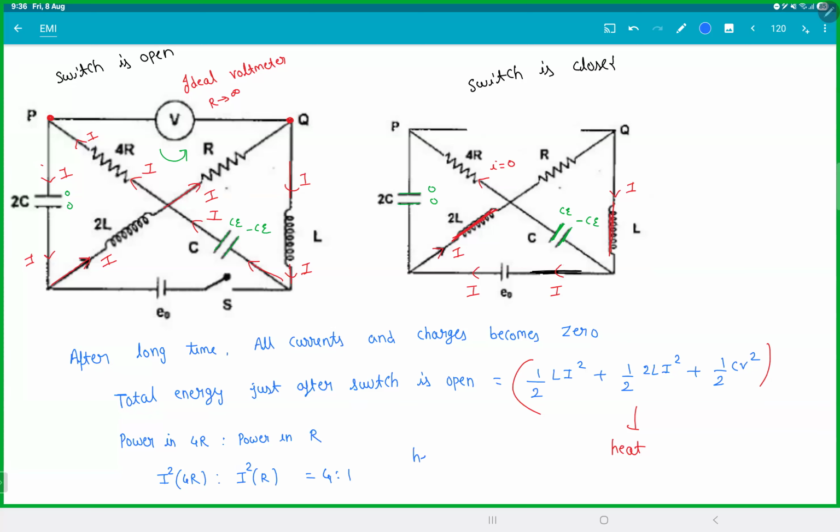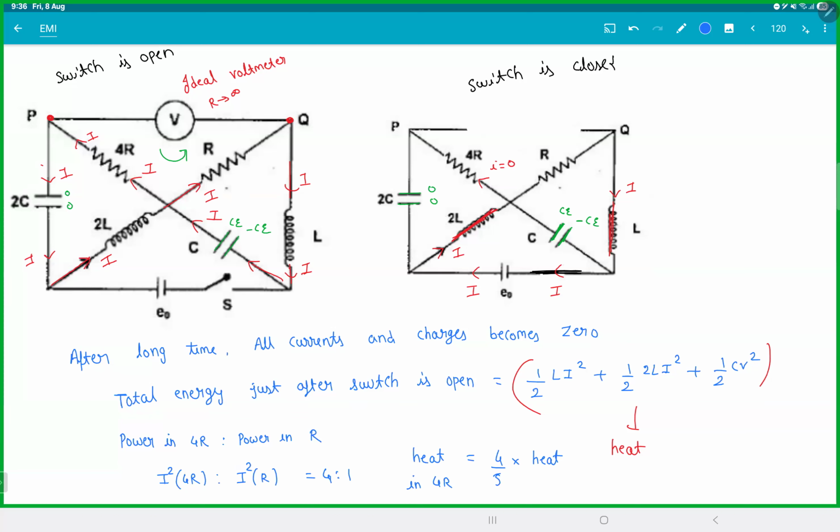That means whatever heat you're producing, heat in 4R must be 4/5 of the total heat. Make sense? Since both have the same current at any instant. This current will keep changing, but this current is the same in both.